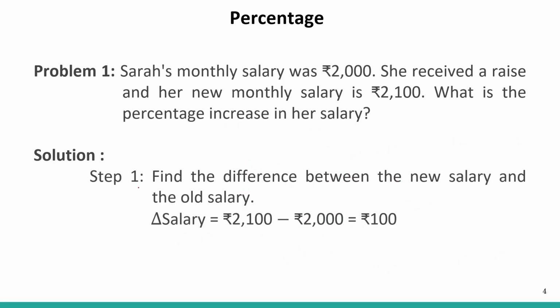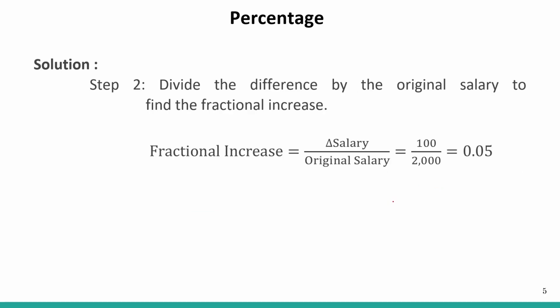Let's see the step-by-step solution. First, we found the difference between the new salary and the old salary. Since the new salary is greater than the old salary, the difference was 100. Step 2: divide the difference by the original salary to find the fractional increase.